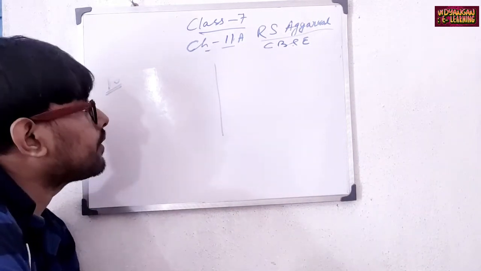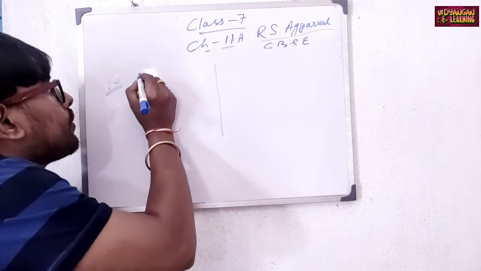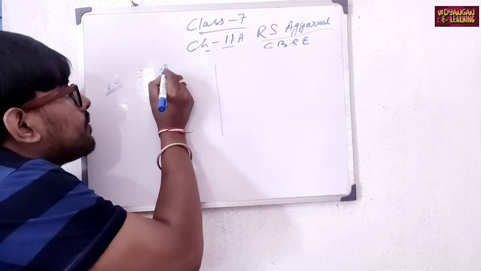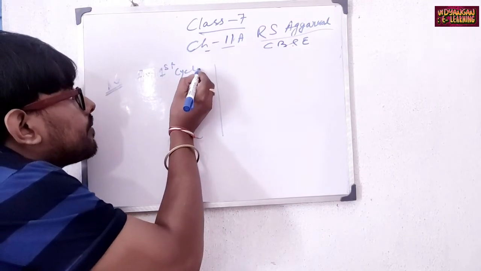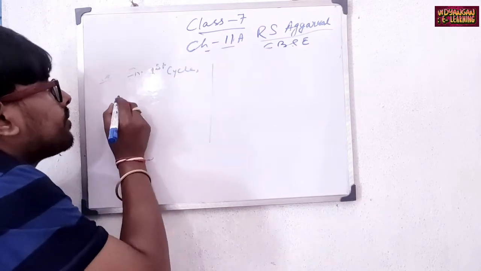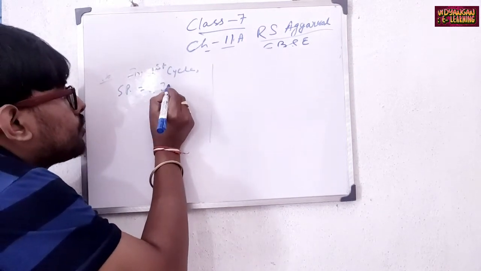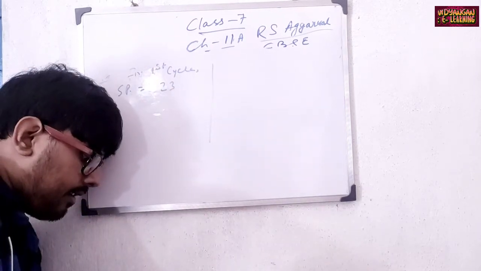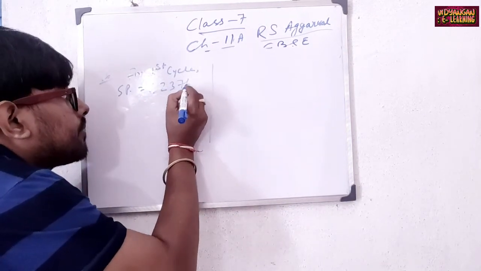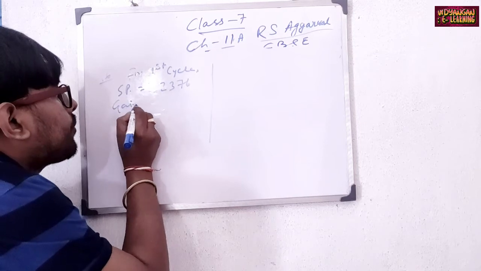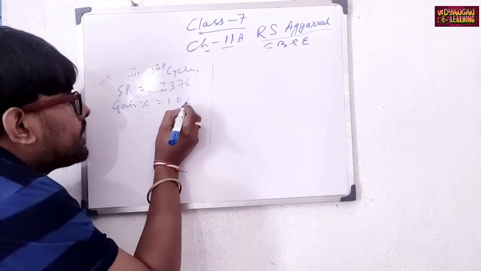So we make two parts. For the first cycle, the selling price is rupees 2,376 and he makes a profit of 10%.